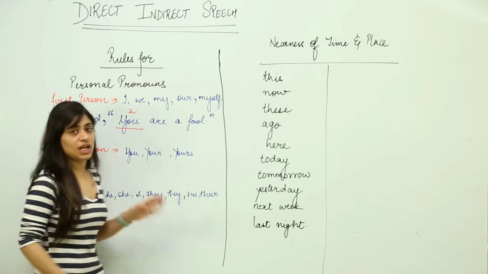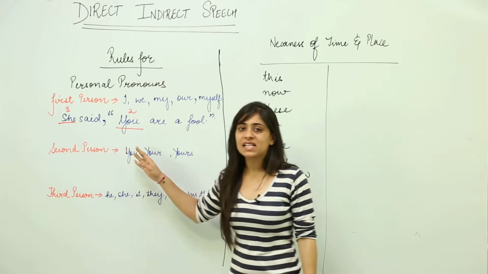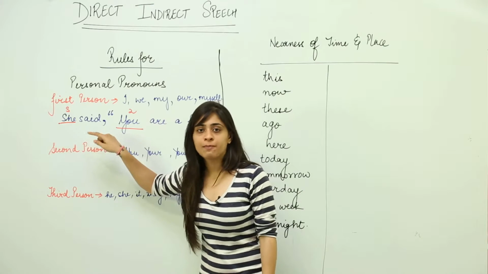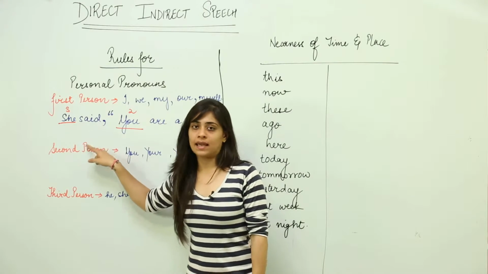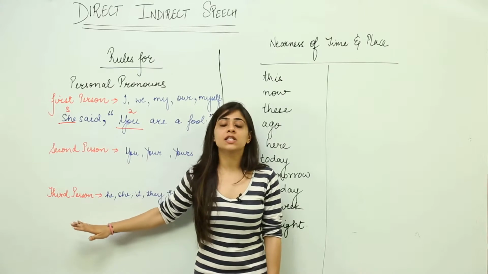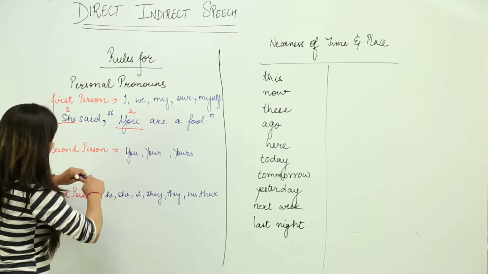So we generally change all the reported speeches from direct to indirect speech in the form that is explained here, according to the narrator that is saying it. So here in this case, we are going to convert this sentence in terms of a third person. Let's understand this and convert this sentence.